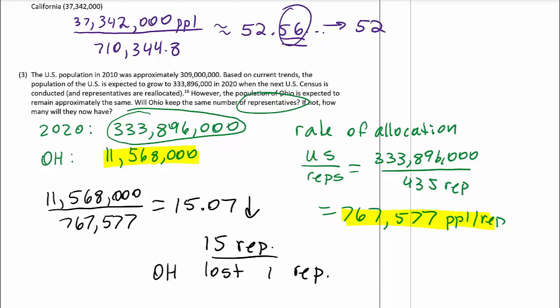All right, go ahead and Google and find out what happened to Ohio. Did it actually lose? And yeah, the allocation happened last year. So you can see which state gained and which state lost. All right.